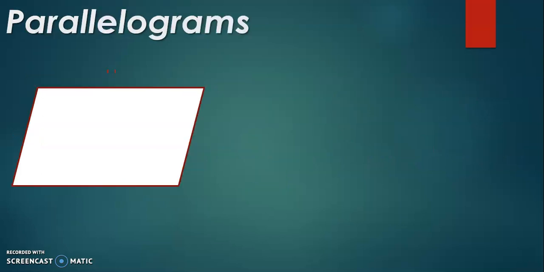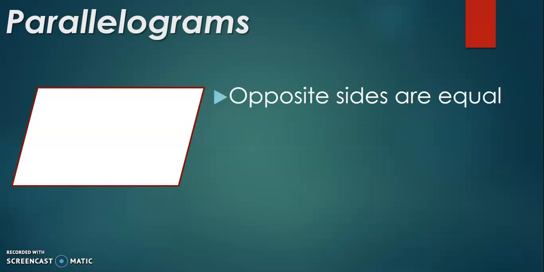And the next shape, what do we have? Parallelograms. Parallelograms are tilted rectangles. So again, you can still recall that for rectangles the top and bottom are equal and parallel, so it's going to be the same. Opposite sides are equal, so top and bottom are equal, left and right are equal.